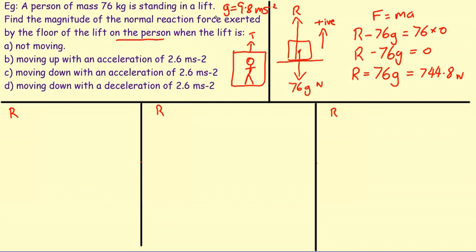We don't know its accuracy to 4 significant figures, so we have to round this answer. If we give this answer here, we're saying we know it to this exact accuracy, but we don't. We're claiming more accuracy than we know. So we have to round that to 740 newtons to 2 significant figures.